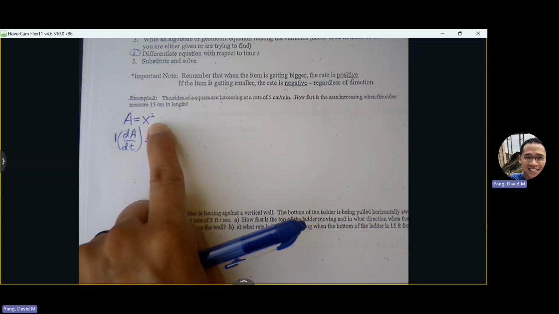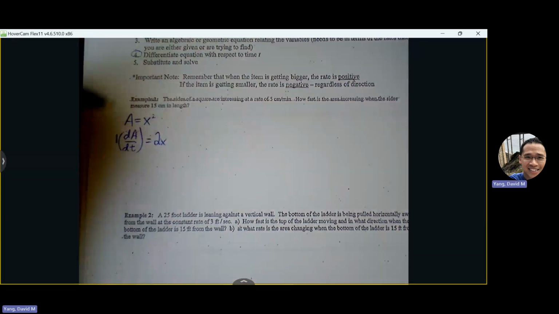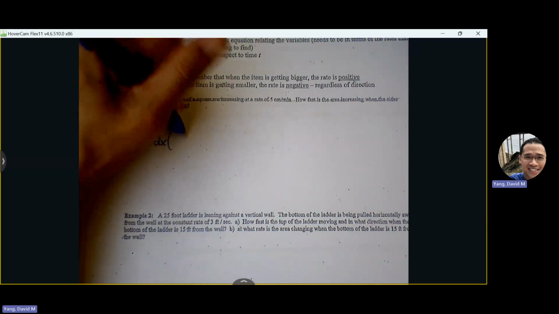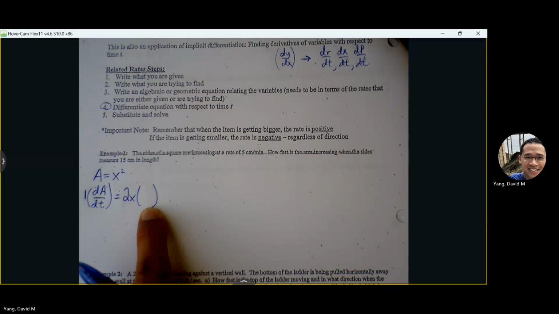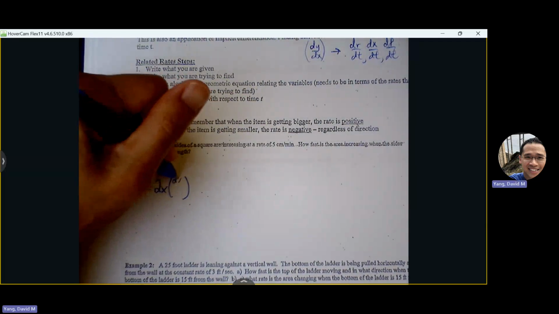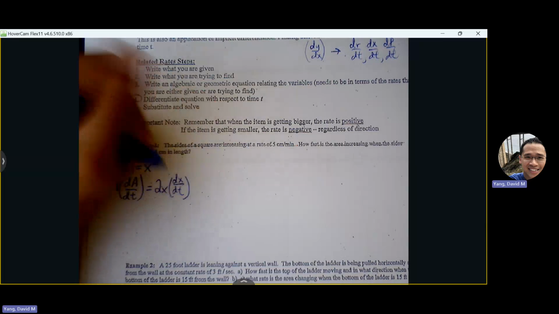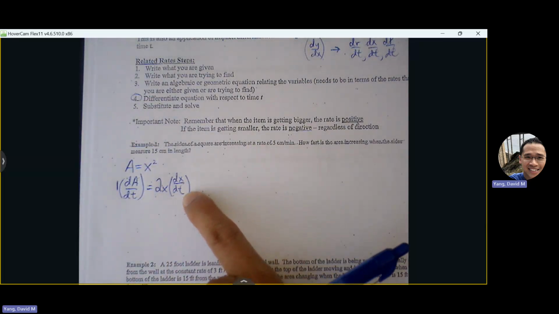What's the derivative of x squared? 2x. Now, x is no longer the independent variable, time is, so this is also going to get impacted by time. So times what? dx, yep, dx over dt. So every variable is going to get mentioned in that derivative, and it's always over time.